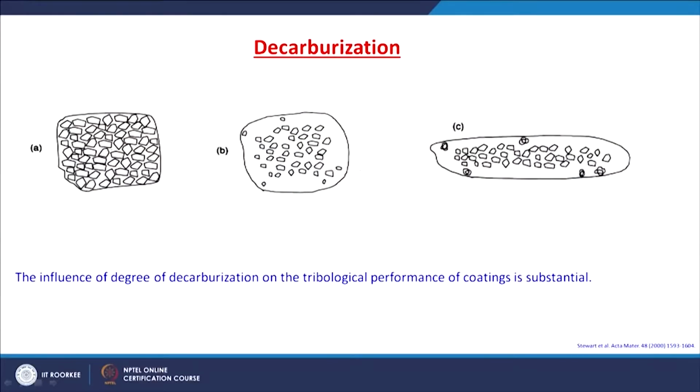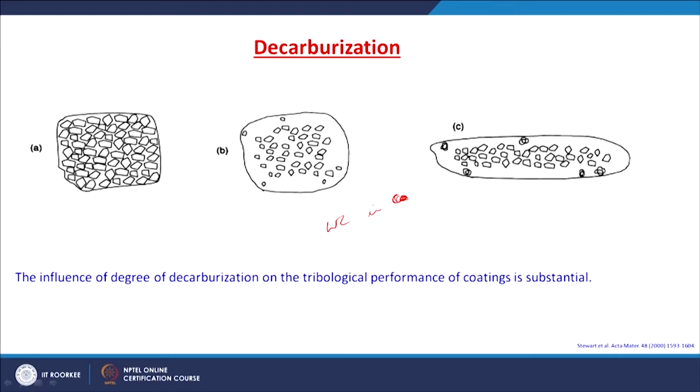And finally, the performance of these coatings is generally influenced by decarburization. Generally at high temperatures, the tungsten carbide is dissolved in the cobalt, and then you have a dissociation of tungsten and carbon as well.